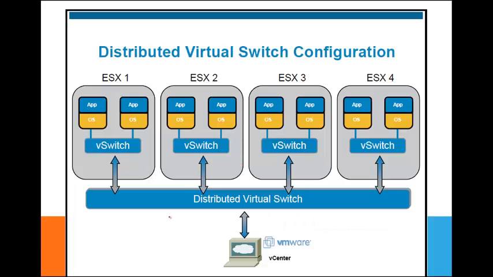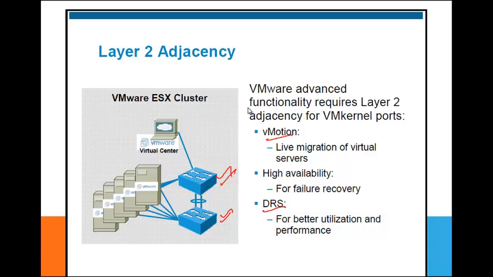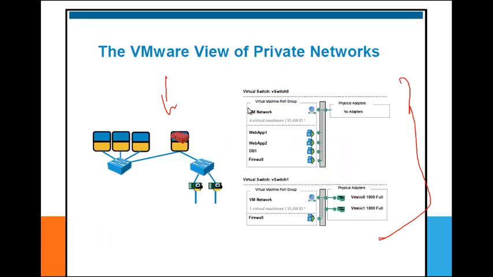That is where a new type of switch comes in, called DVS. In the previous case, it was not between 2 different hosts. It was 2 virtual switches within the same host.